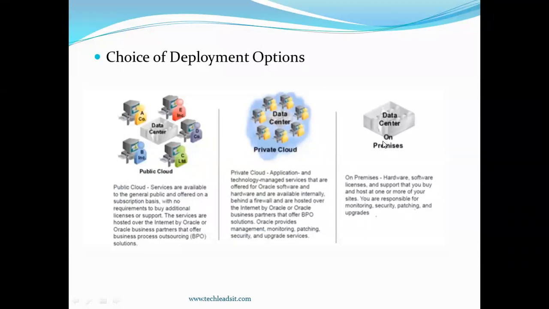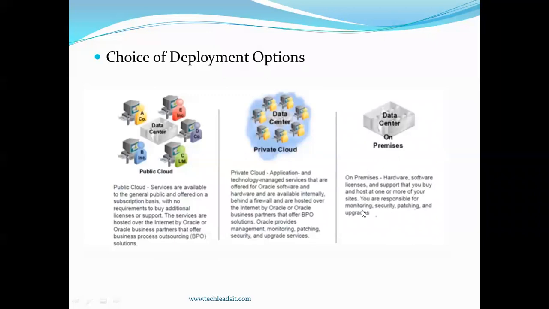Whereas in on-premise, everything is maintained by the organization, like infrastructure, applications, and the database. Like in our RTL applications, the organization maintains the database, the application servers, and the middleware, everything itself. That is hardware, software, licenses and support that you buy and host at one or more of your sites.